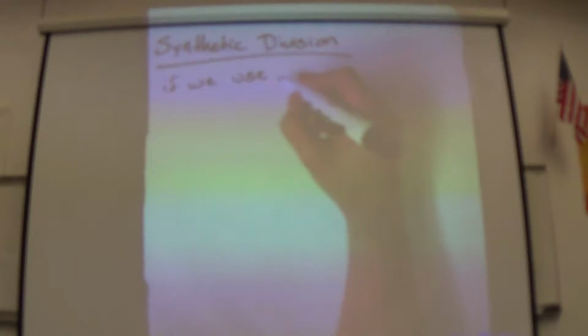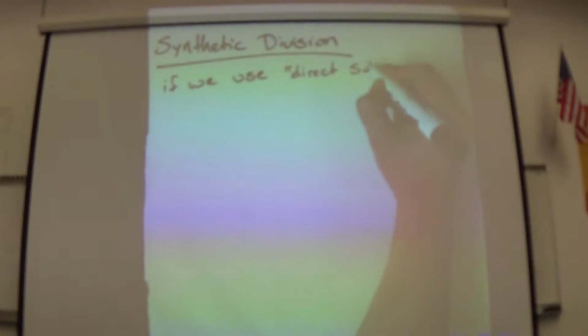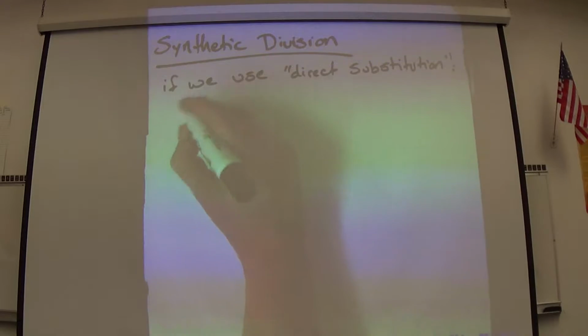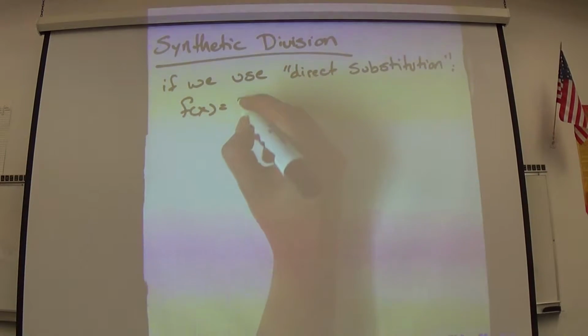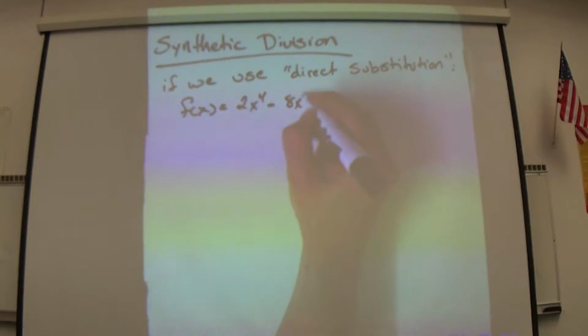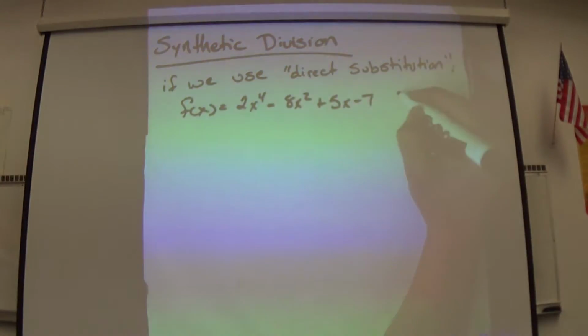Before, we used what we call direct substitution. That is an example where they tell you f of x is equal to 2x to the fourth minus 8x squared plus 5x minus 7.